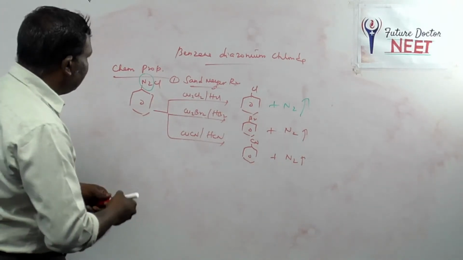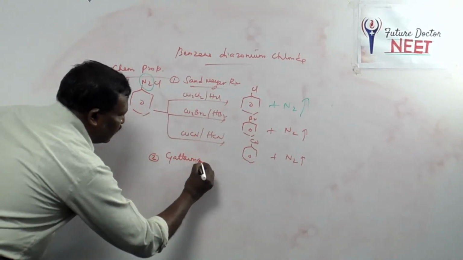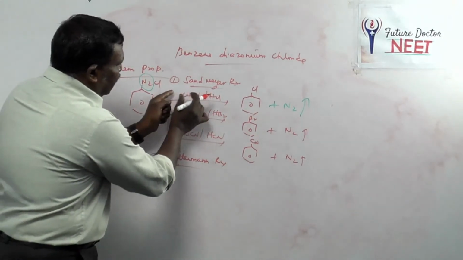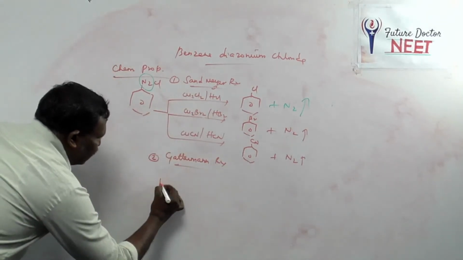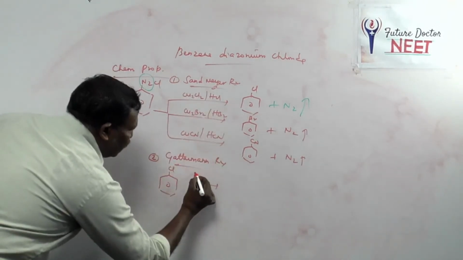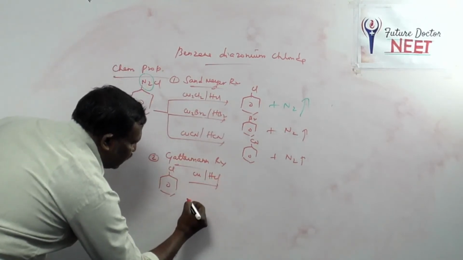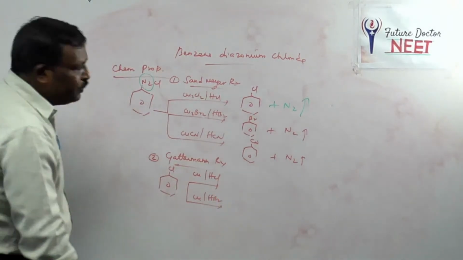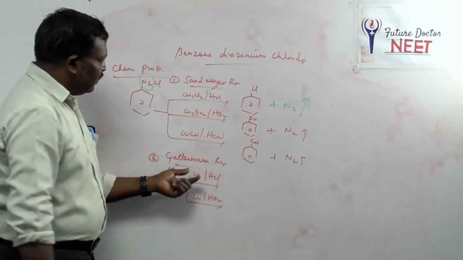Sandmeyer and Gattermann are all the same. Another one is the Gattermann reaction. All are nearly the same. Here, simply remember, in Sandmeyer we use metal chloride; that is a small difference. So you take the diazonium salt, and instead of cuprous chloride you take only copper metal in presence of HCl. Whatever is available, we are using.